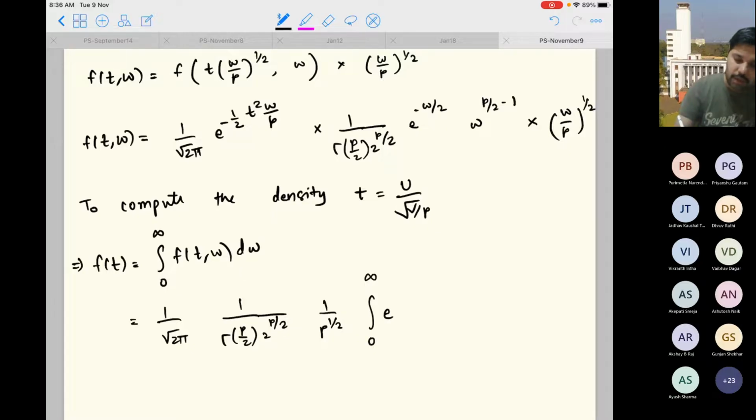You check e to the power minus half, I will take common. Then I have inside T square by P plus 1 into W. And then I have W to the power P by 2 plus 1 by 2, so P plus 1 by 2 minus 1 dW. Do you all agree this is what I have?